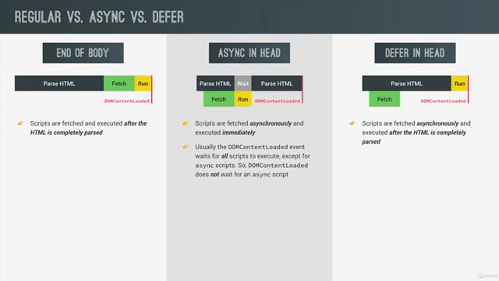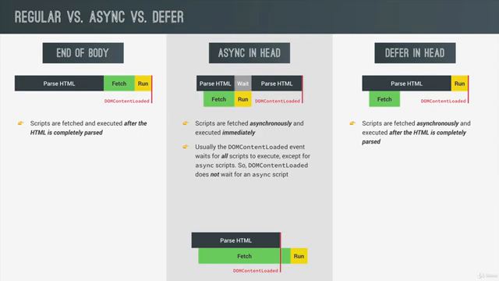So usually DOMContentLoaded waits for all scripts to execute, but scripts loaded with async are an exception. So with async, DOMContentLoaded is fired off as soon as the HTML finishes parsing. And this might actually happen when a big script takes a long time to load, like in this example. So notice how the DOMContentLoaded event appears right after HTML parsing in both these diagrams.